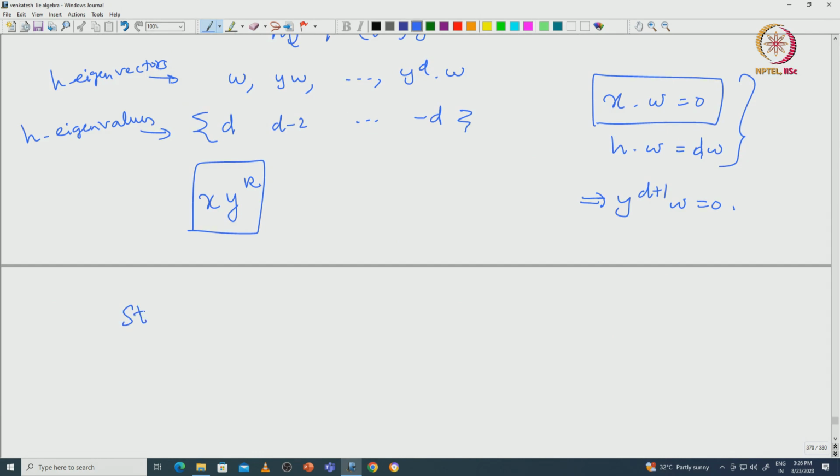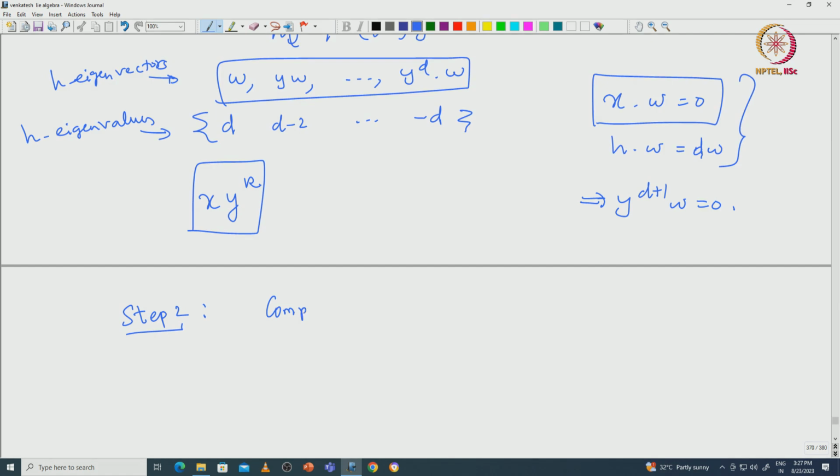Now using that same calculation, you can see that this basis w, etcetera, y power d w, corresponds to distinct eigenvalues of this operator h. That means they are all linearly independent. So these vectors form a basis. In particular, we can explicitly compute the action of sl2C on each element of this basis, and that will coincide with whatever you have seen for the irreducible module V of d.